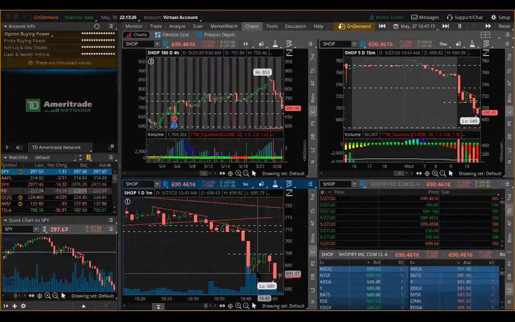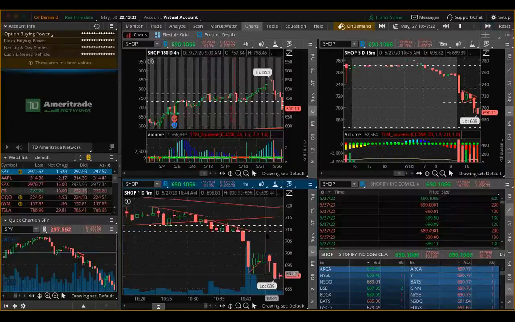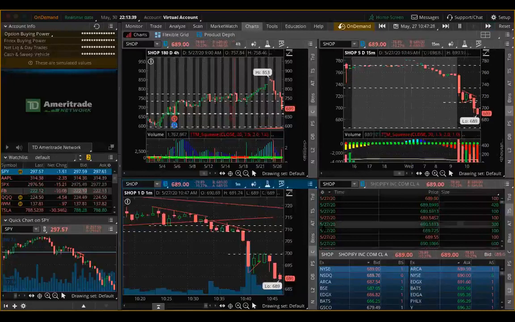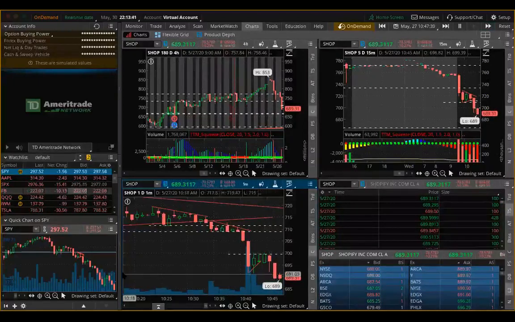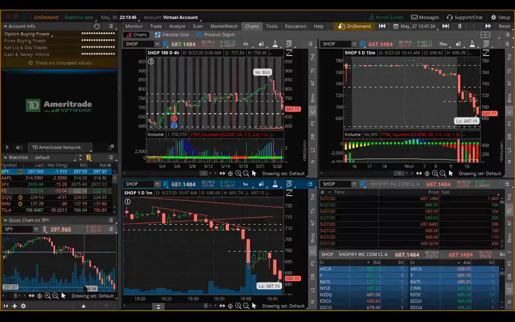That was 691.30. We're at 690, struggling. 690, 689 is our current level that we need to pass. Still dumping. What is SPY doing, guys? Still dumping, right? It's still going lower.